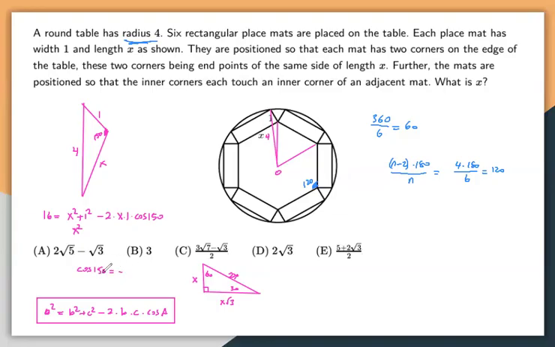Actually, maybe it's good to draw the unit circle just to show the reasoning. If you know the unit circle, it's going to be something like this. Let's take this as my x-axis. This is 90 degrees, and then 150 will be somewhere right here.